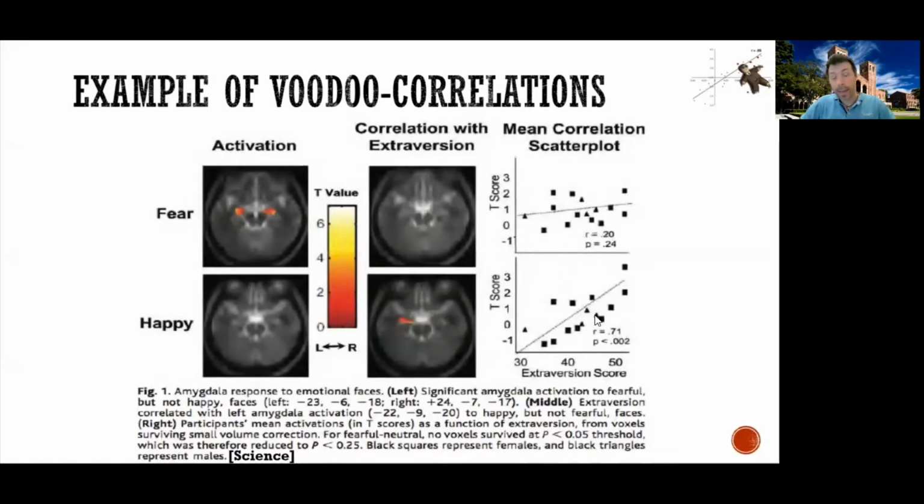It turns out in a large subset of those studies, the correlations were that high because they were circular, because the voxels within which those correlations were looked at had been selected because they had that property.